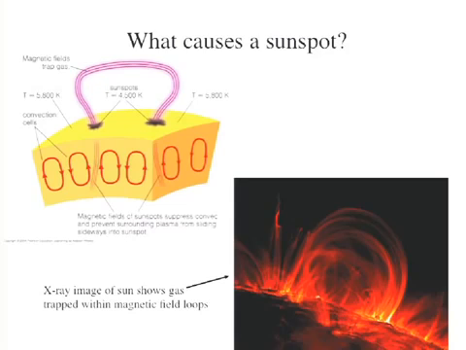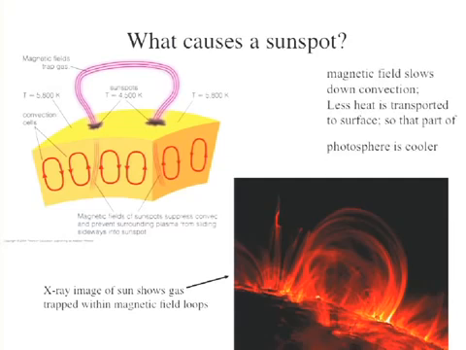Remember that the luminosity goes as the 4th power of the temperature. So 5,800 over 4,500 to the 4th power is about 2, roughly. So the surrounding sun is twice as bright as the sunspot, and the sunspot looks dark when you compare it. It's not dark in reality, but it looks dark.